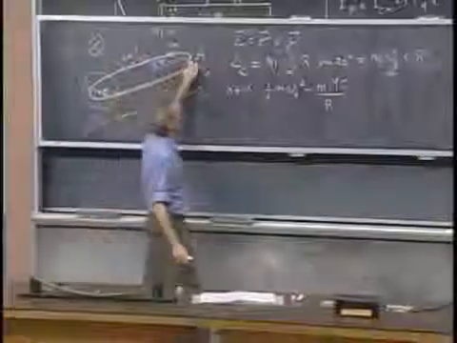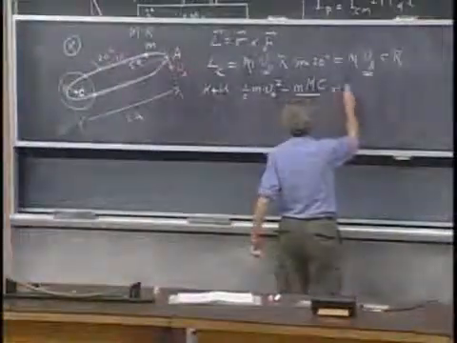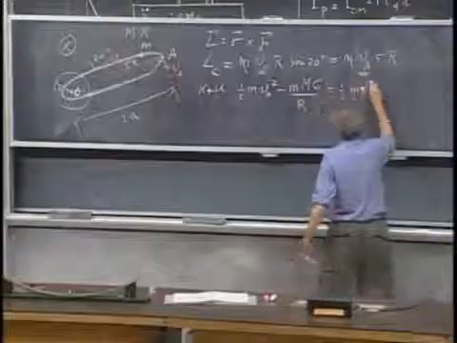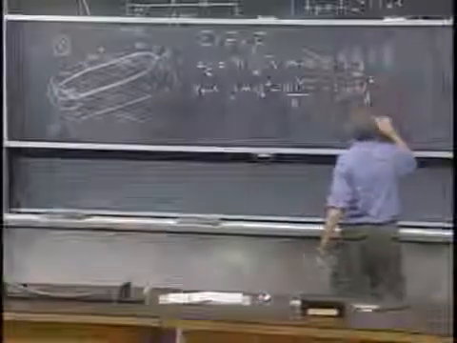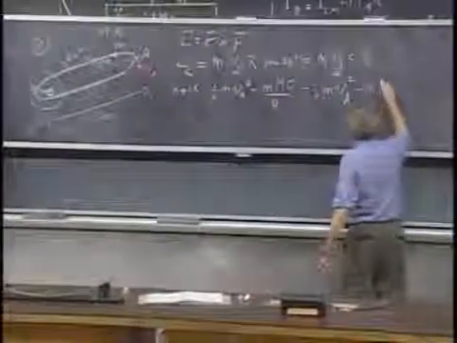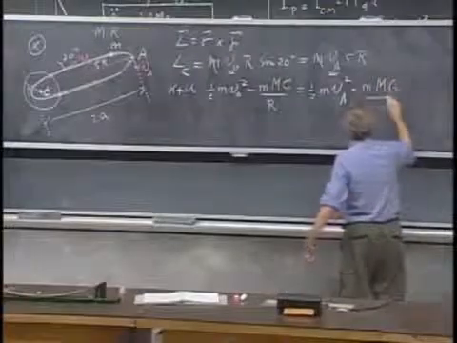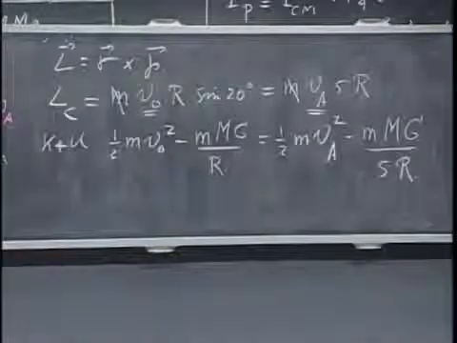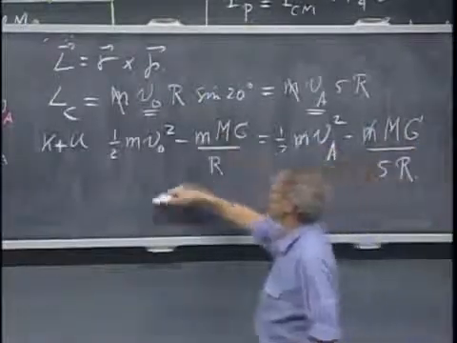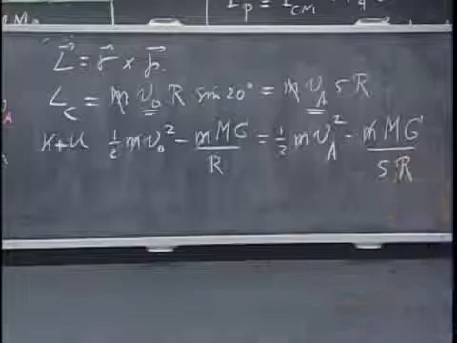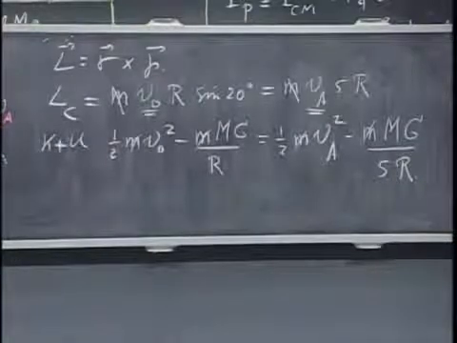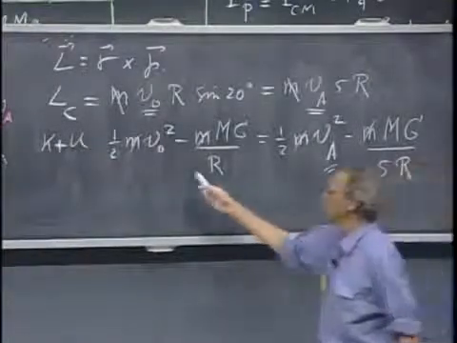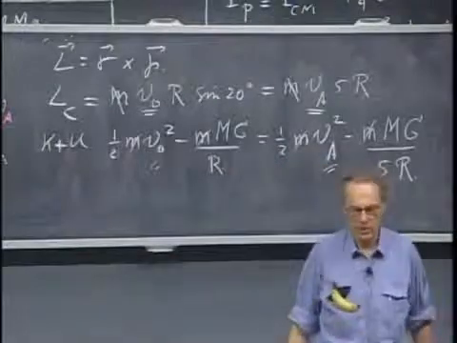The total energy there could not have changed, must therefore be 1/2 m va squared minus mMG, but now the distance equals 5r. Apart from the fact that I lose my little m, notice I have a second equation. I didn't add any unknowns, so I have 2 equations with 2 unknowns, v0 and v of a.